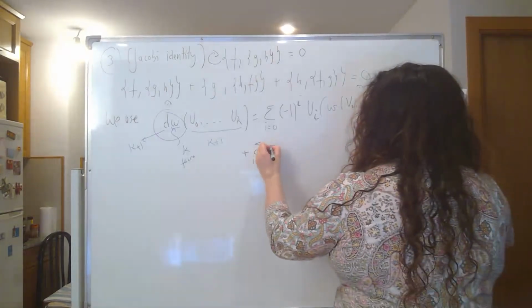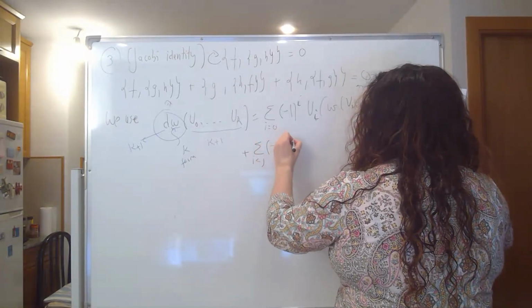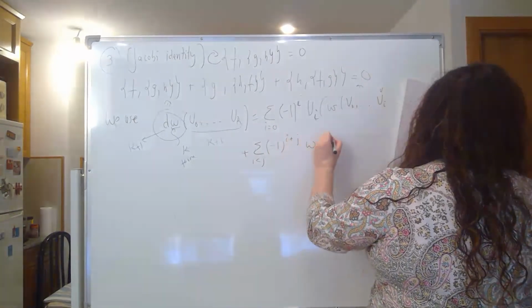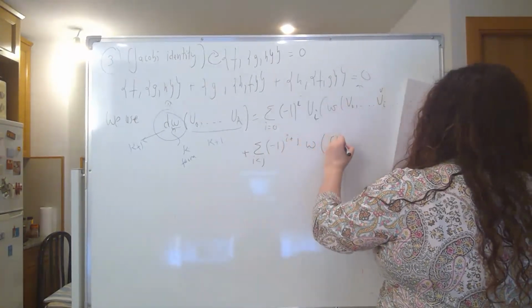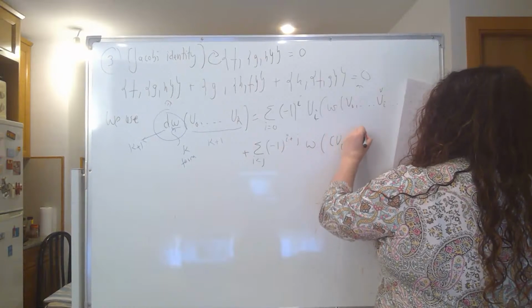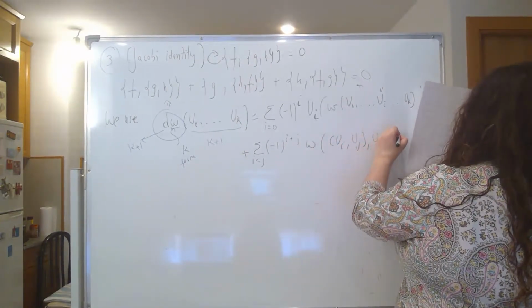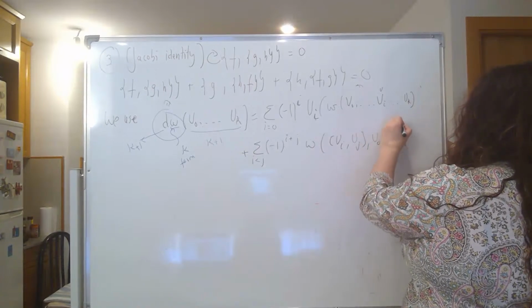Then I have minus 1 equal to I plus j omega. And here I have the brackets that we can put at the beginning, because here you have a change of order, of course. And then you take out the element bi.